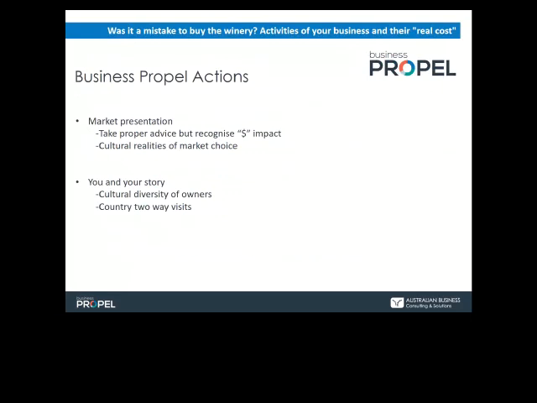In terms of the market presentation, as I've referred to, we have had to take very serious looks at how one presents the labels, the bottle, the style, so your market's feeding back into it.